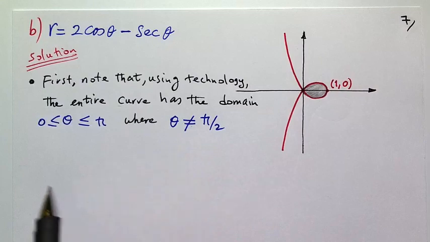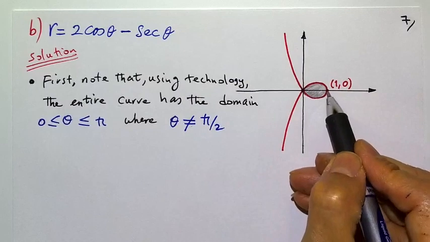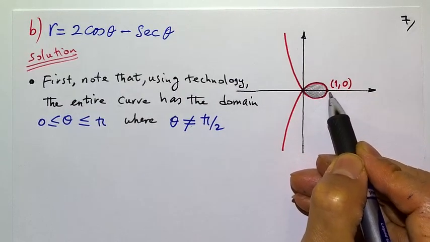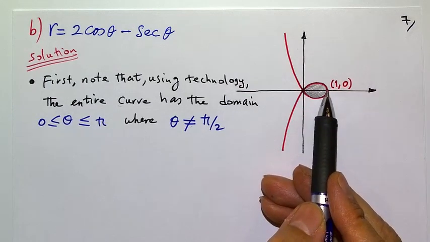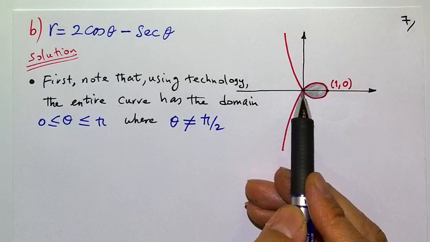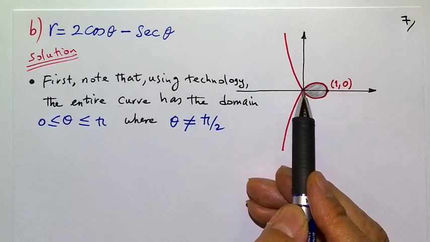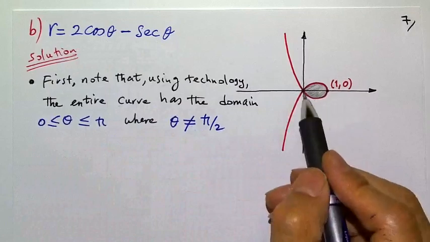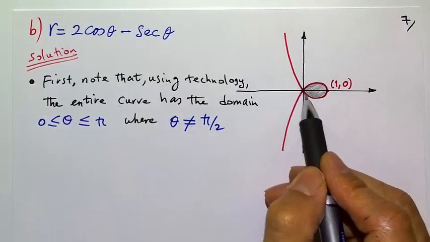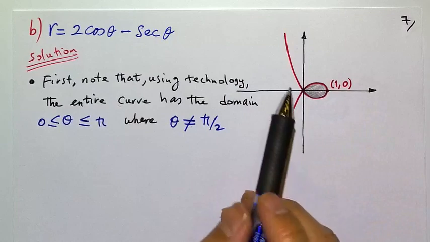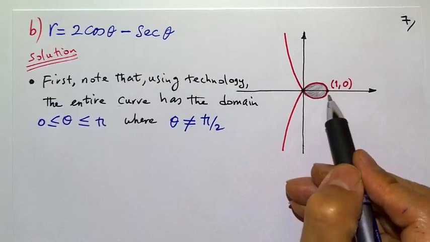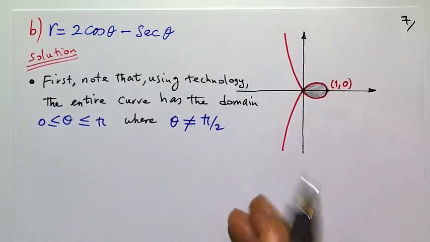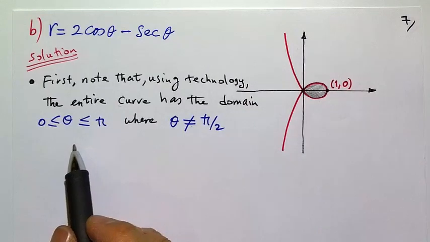Okay, so actually, this point is 1, 0, right there. So when theta is equal to 0, it's here. We need to find out at which point, after tracing what angle, this curve goes through the origin. So it's not going to be at theta equals 0, because at theta equals 0, it's at this point. Okay. All right, so let's find that out.